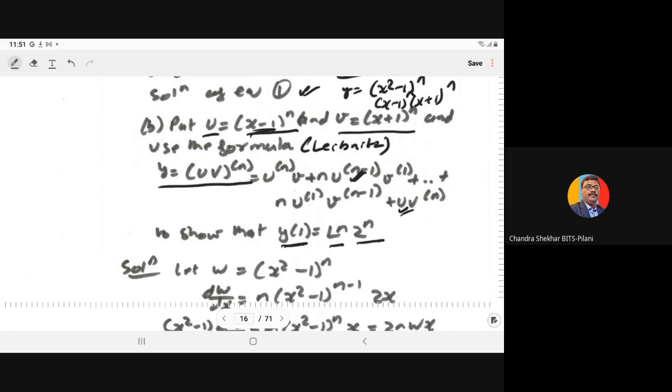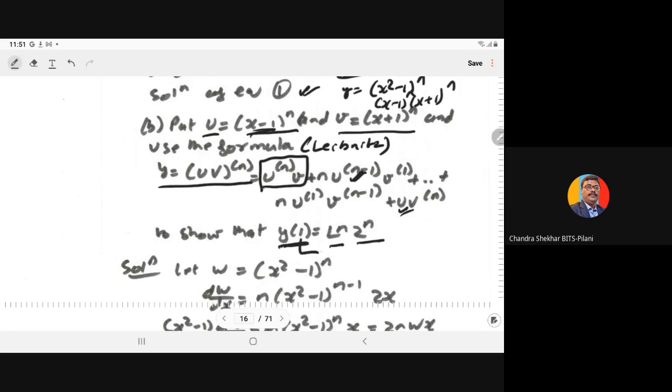Only the 0 will not come at this place. What is the nth derivative of x minus 1 to power n? That is factorial n. And what is the v? x plus 1 to power n. x is equal to 1 means 2 to power n.